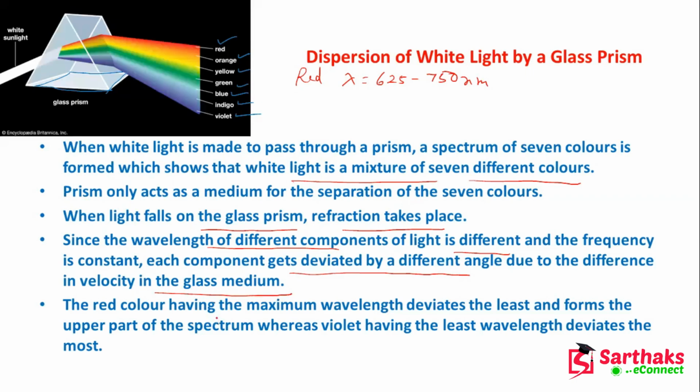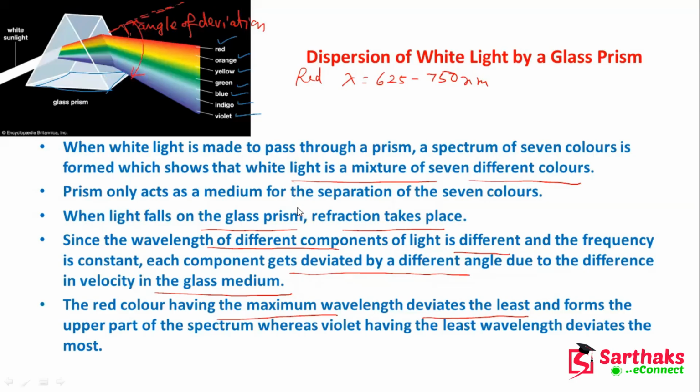And the red color having the maximum wavelength deviates the least. Here you can see that it has deviated least. If we draw the angle of deviation, here the angle of deviation is least, whereas the angle of deviation is this much for the violet color.